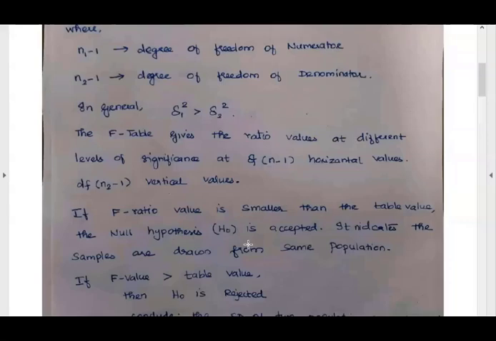This is the testing case that we are going to identify for the given scenario, and once again I am saying, if the ratio value is smaller than the table value, then the null hypothesis H0 is accepted.